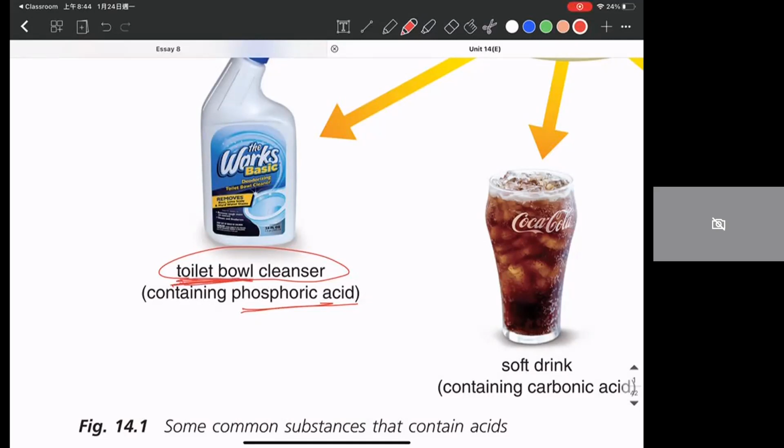So what is the problem? Kill bacteria. Some of you say kill bacteria. What else? Now I see the word toilet bowl. Yes, something about toilet bowl.